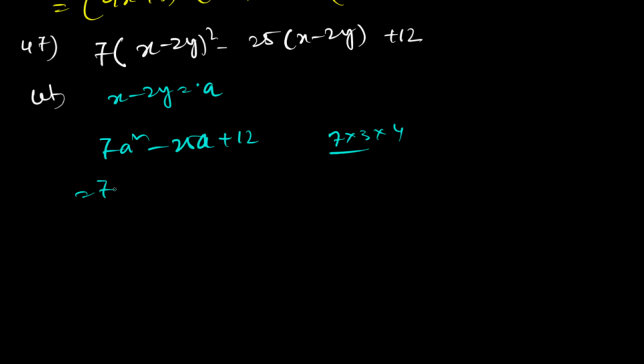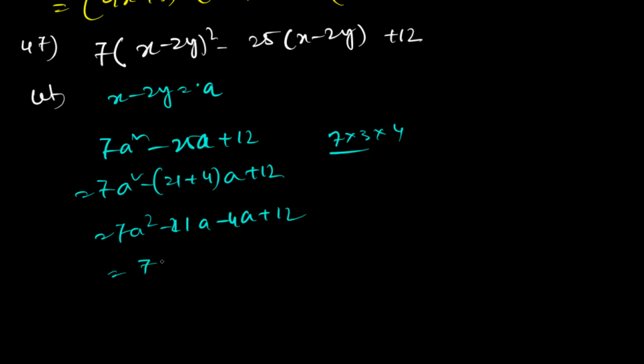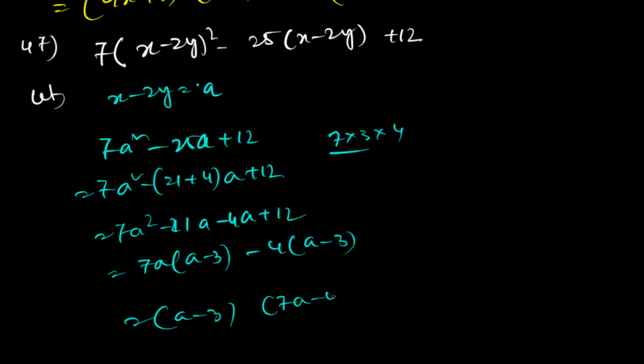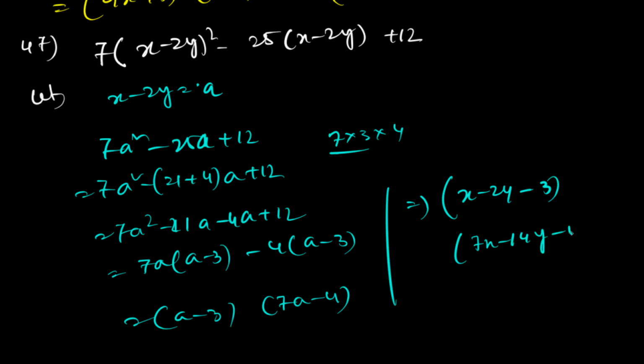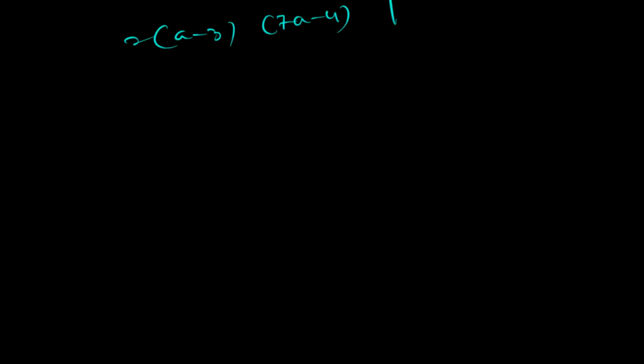So it's nothing but 21 plus 4 times a plus 12. It's 7a square minus 21a minus 4a plus 12. It's 7a minus 4 into a minus 3. It's a minus 3 and 7a minus 4. And I just need to put the value of a, which is x minus 2y. So x minus 2y minus 3 into 7x minus 14y minus 4, if I put the value of a.